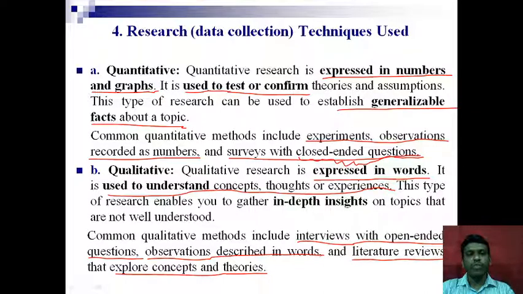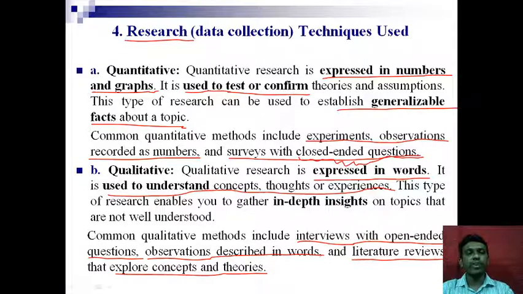So in today's lecture we have seen the fourth type, that is research based upon data collection types. It can be either qualitative or quantitative. Quantitative research is where data is collected in quantitative terms, expressed in numbers and graphs, whereas qualitative research is expressed in words.